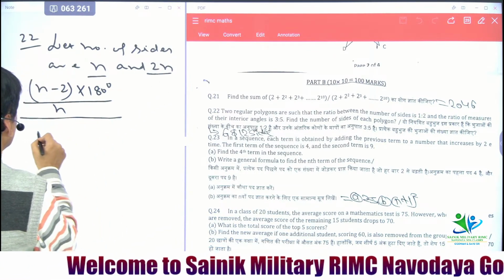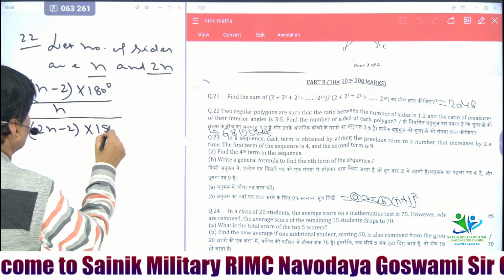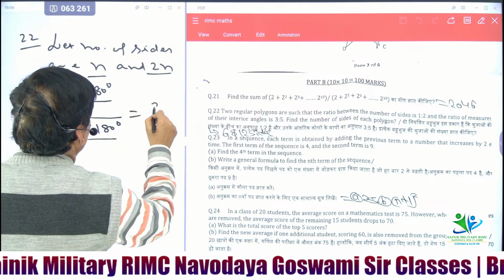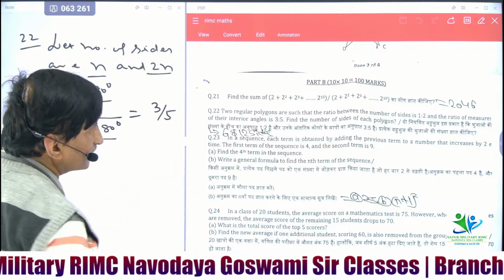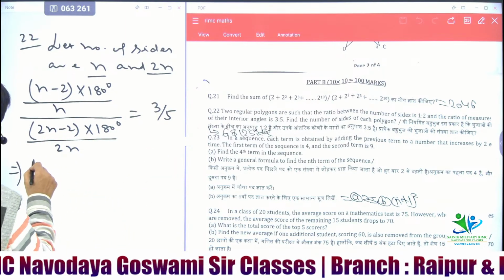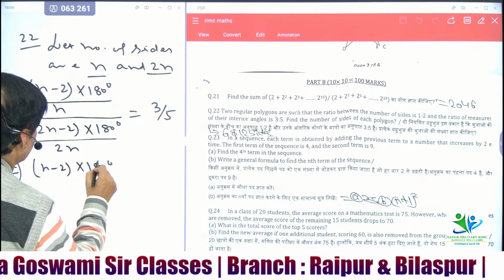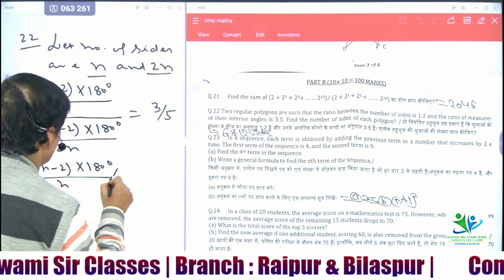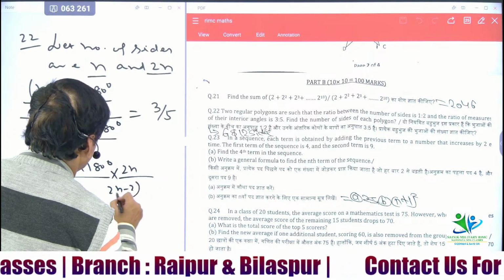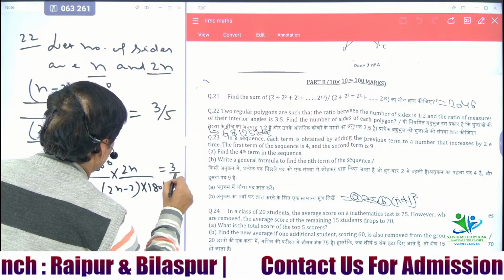Similarly for this polygon, you can write (2n minus 2) into 180 divided by 2n, and the ratio is 3/5. Now from here you can write (n minus 2) into 180 divided by n into 2n divided by (2n minus 2) into 180 degree, that is equal to 3/5.